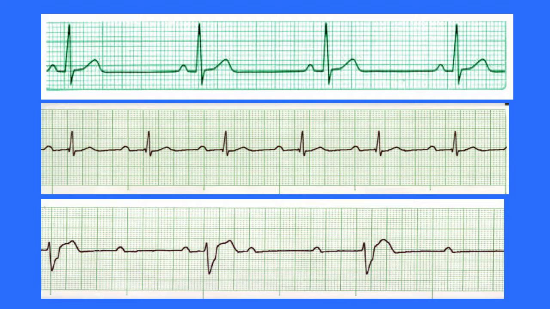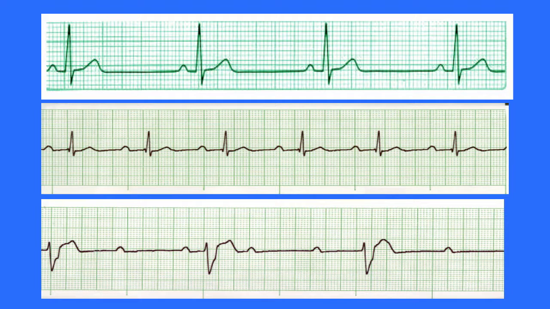And the third one down has P waves that are beating along at their own pace, faster than the QRS complex pace. If you look carefully, the P waves are being lost in the QRS complexes sometimes. And so lost P waves would be something from third degree or complete AV block.